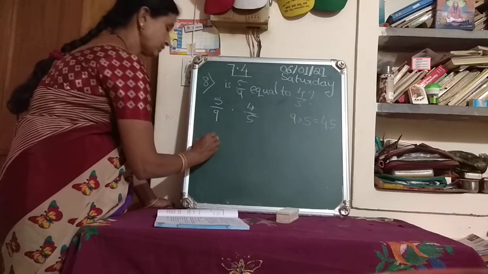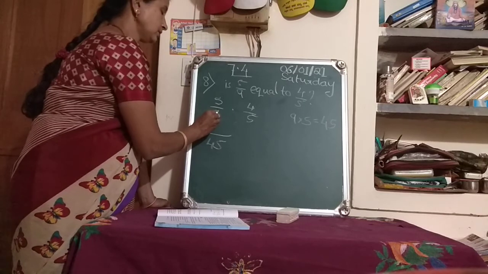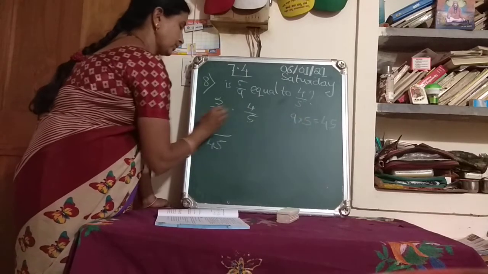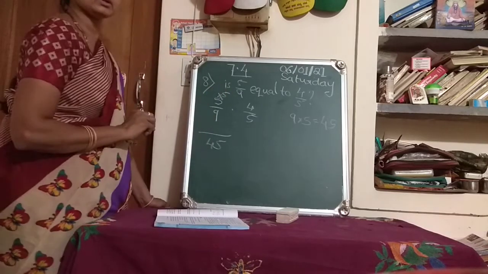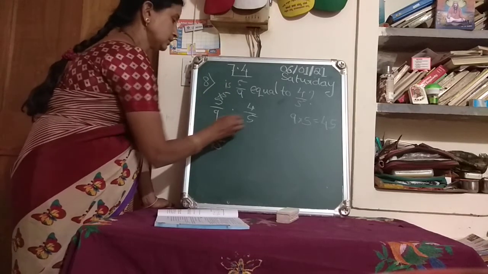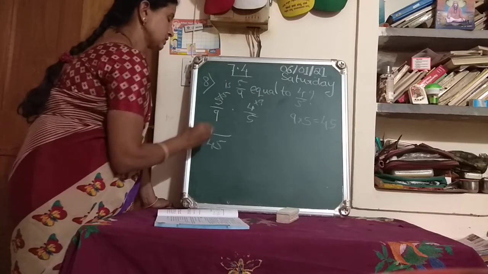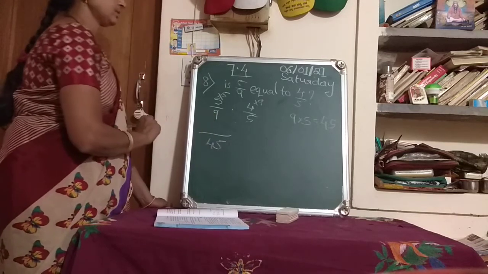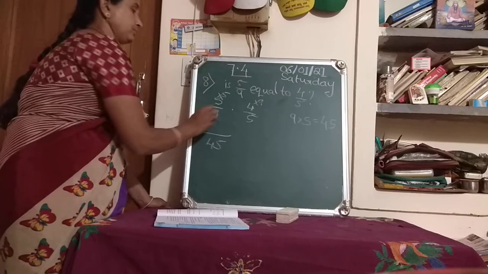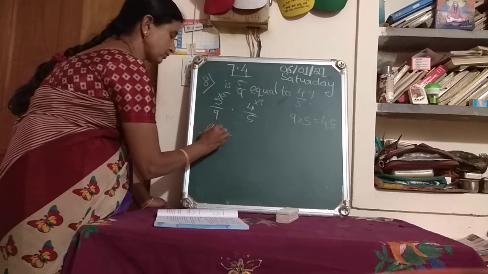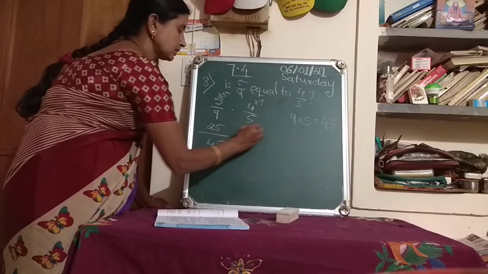So let us take 45 as the denominator. We multiply the numerator with the given factor. 9 fives are 45, and 5 nines are 45. So 5 fives are 25, and 9 fours are 36.